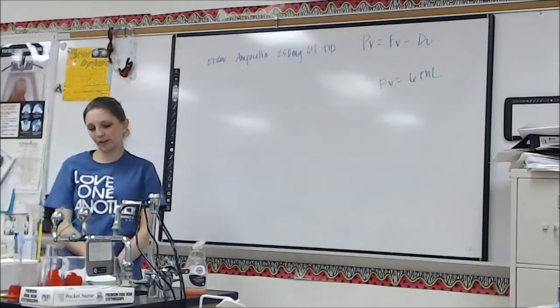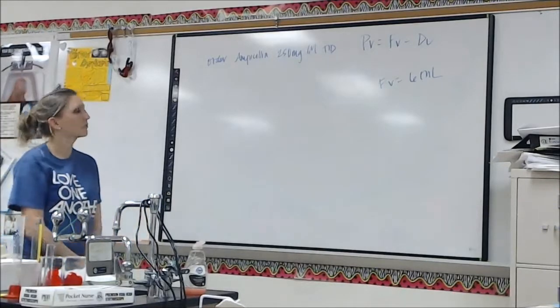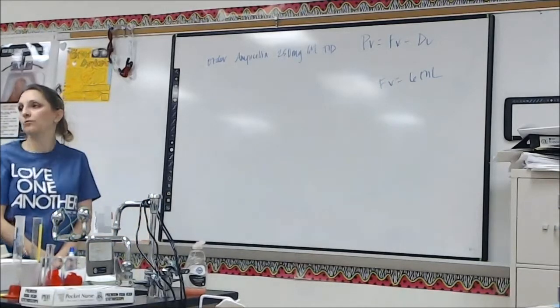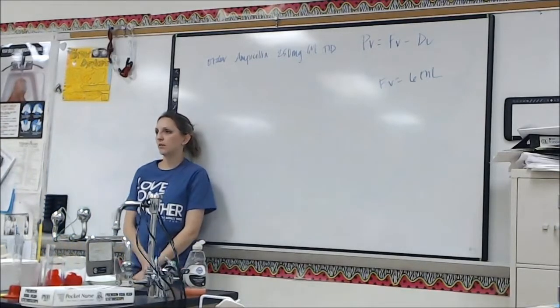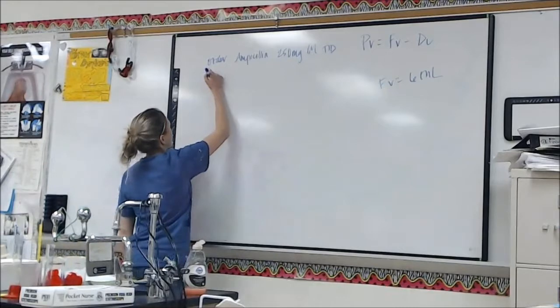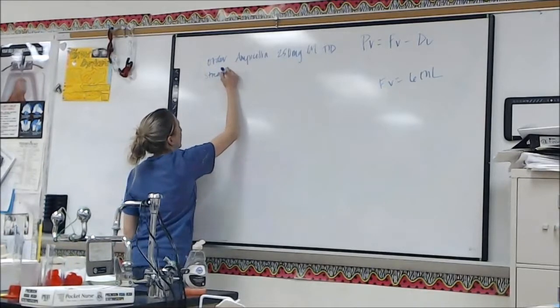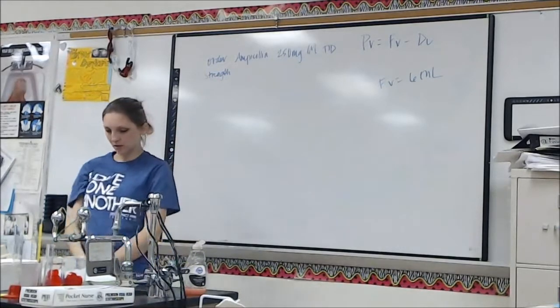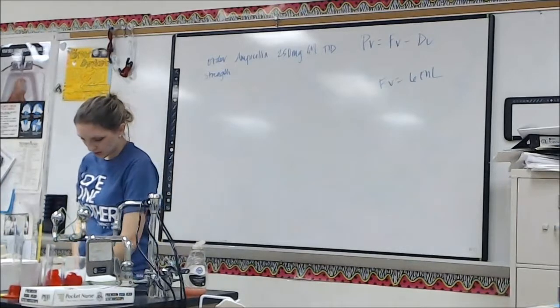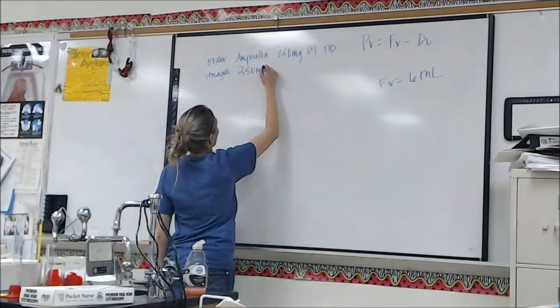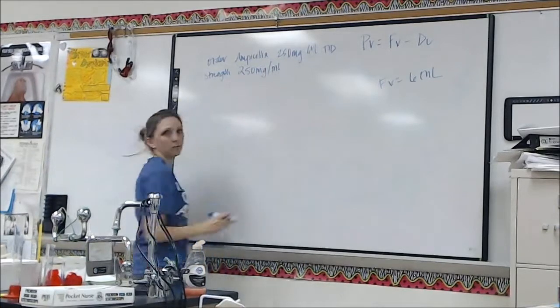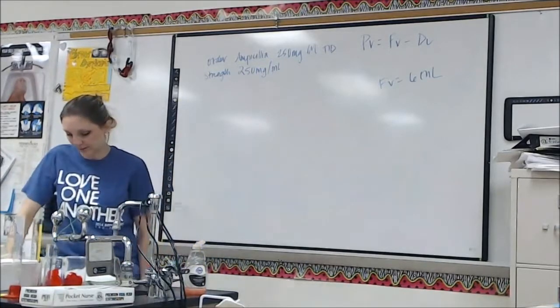So how do we figure this out? What do we need to know first? The strength. Okay, so what's our strength? 250 milligrams per milliliter. Okay, 250 milligrams per 1 milliliter of medication.